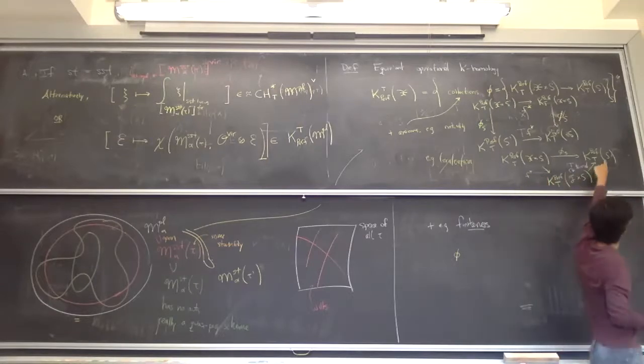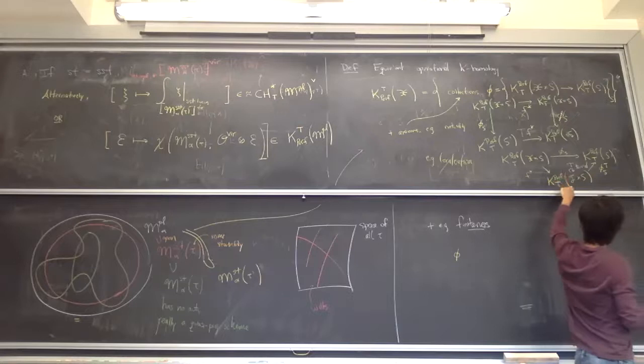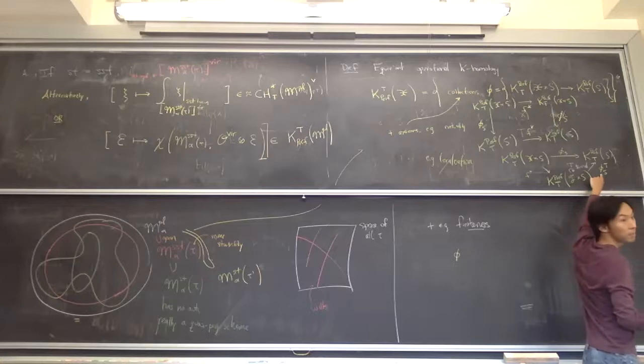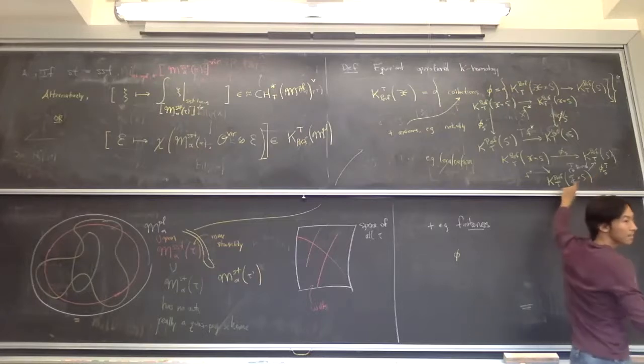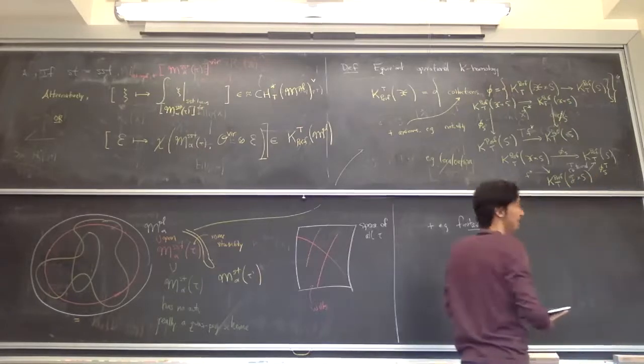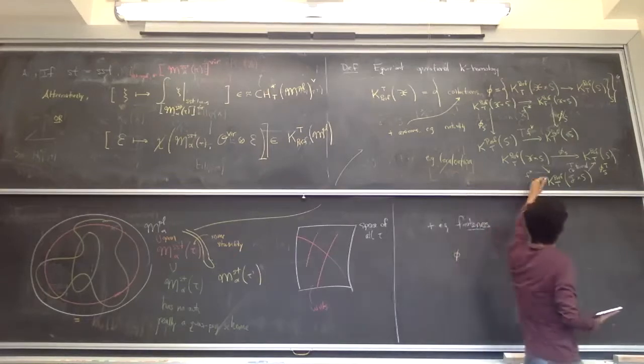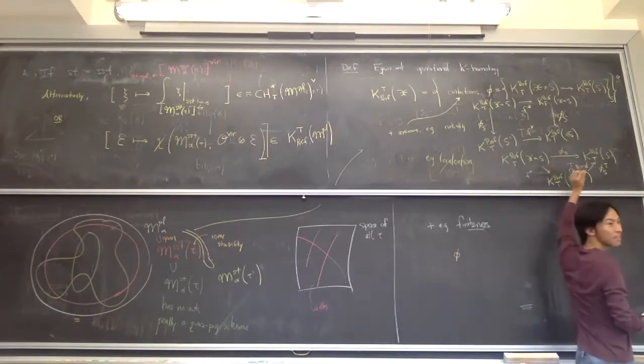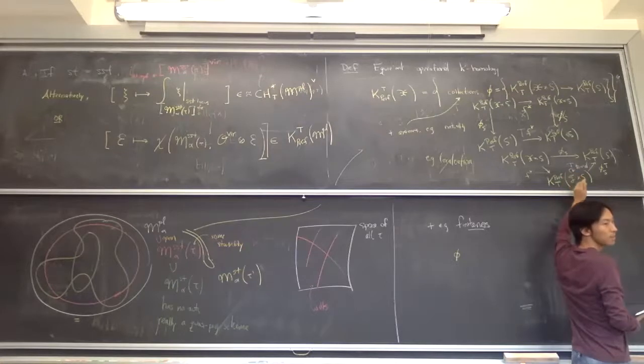Which little guy? This one? This one. Yeah, that's because the denominators aren't in here; they're in this map. Yeah. But of course, there's some kind of map. Right. Yeah.